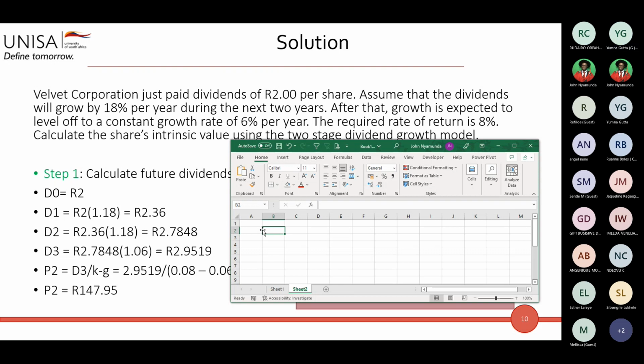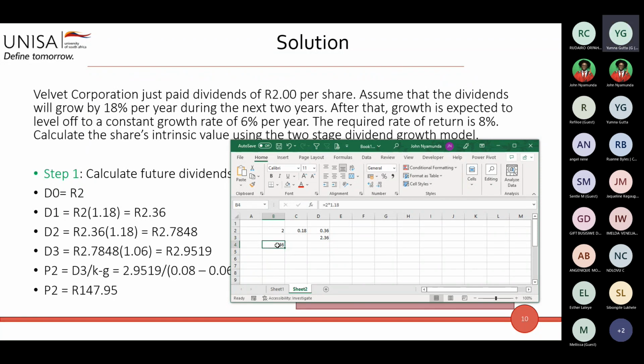That 1.1, that's the one she's unhappy with. Basically, if you said 2 Rand times by 18%, you'll only get 36 cents. Now you must add the 36 cents to 2 Rand to get 2 Rand 36, which is your new dividend. Your dividend grows by 36 cents. So we're just making it easier for you: you add a 1 into your formula and you get the answer straight, 2 Rand 36.